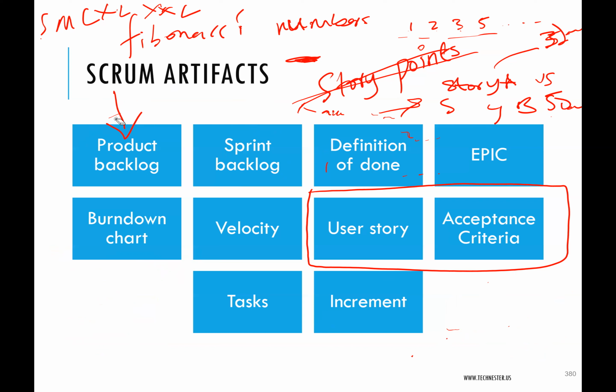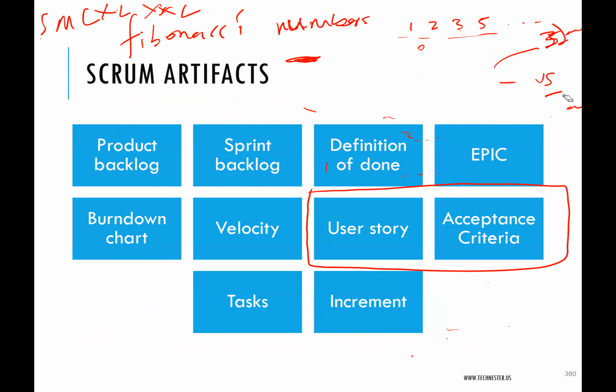Once we round off the general Scrum ceremonies and discussing this artifact, we'll get deeper into user stories. Or is there any of these artifacts that you don't understand? I guess that's a no.